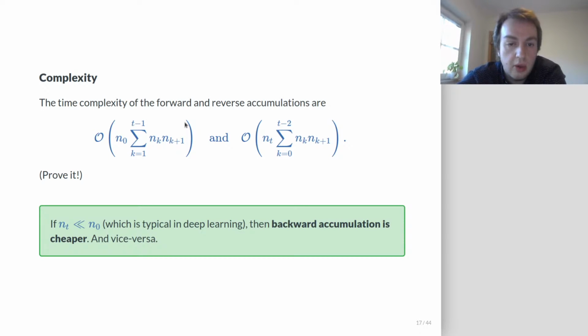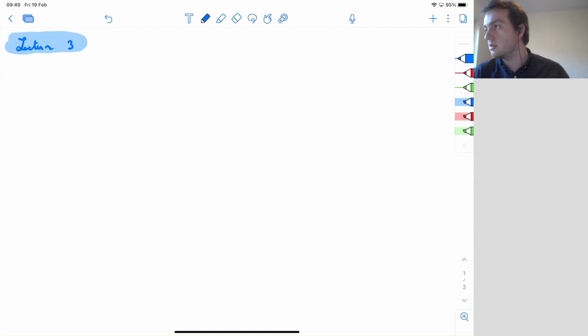In the case of the forward accumulation, it's proportional to this expression, and in the case of reverse accumulation, it's proportional to this expression. And then, depending on the values of n0 or nt, one will be better than the other. So let's see why this is the case. I will switch to the iPad to do that.